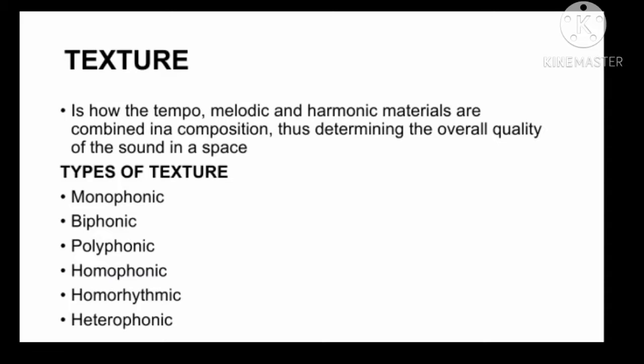Polyphonic has multiple melodic voices which are to a considerable extent independent or in imitation with one another. Fourth is homophonic, multiple voices of which one, the melody, stands out prominently and the others form a background.